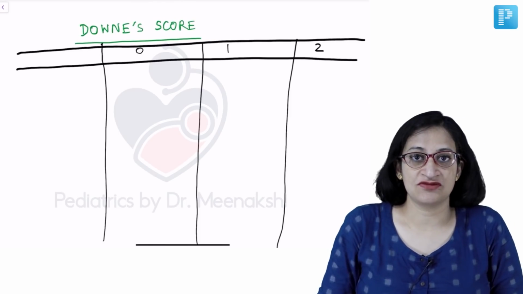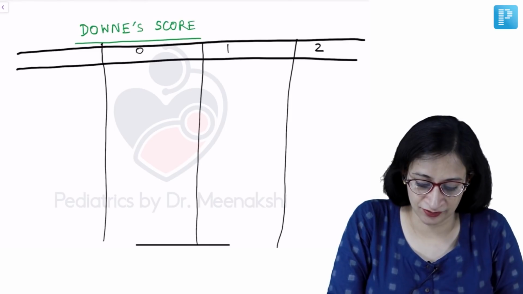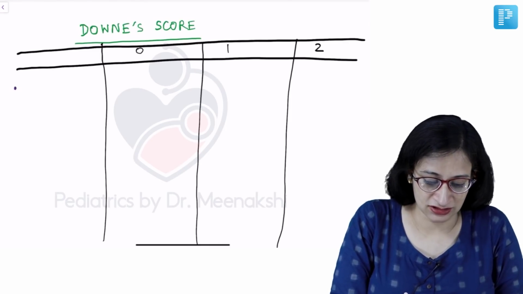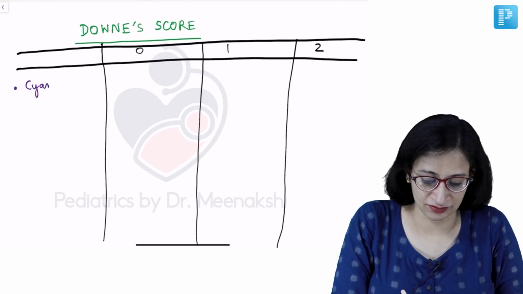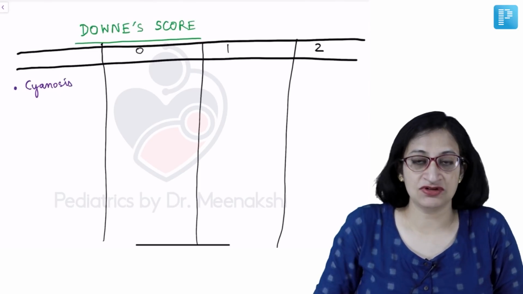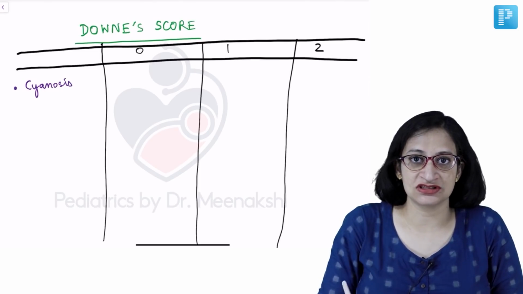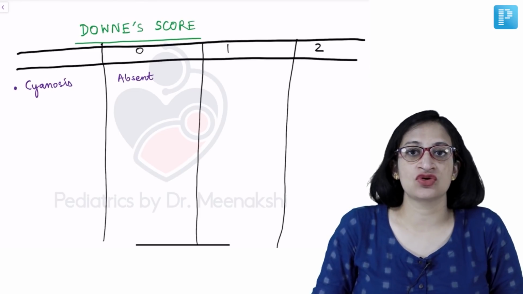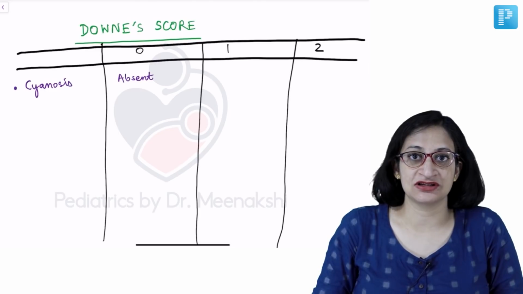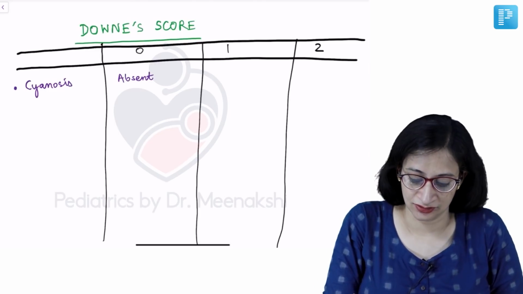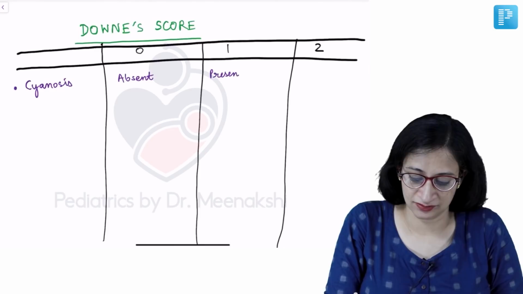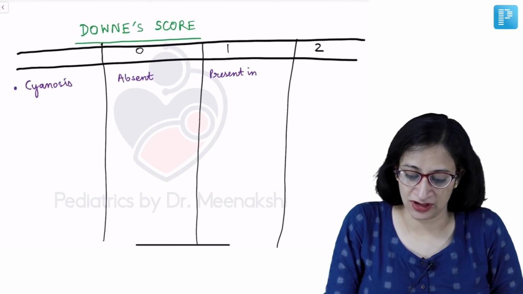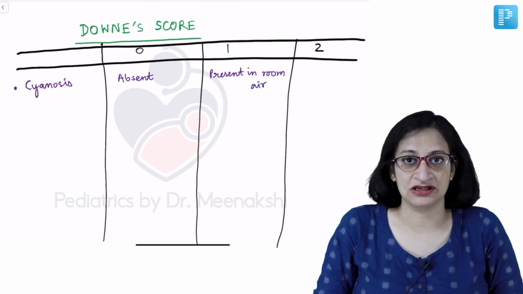So let us see what are the 5 components of Downes score. So 1 is cyanosis. We give it a score of 0 if cyanosis is absent. Okay, we give it a score of 1 if cyanosis is present in room air, but on giving oxygen, it might subside.